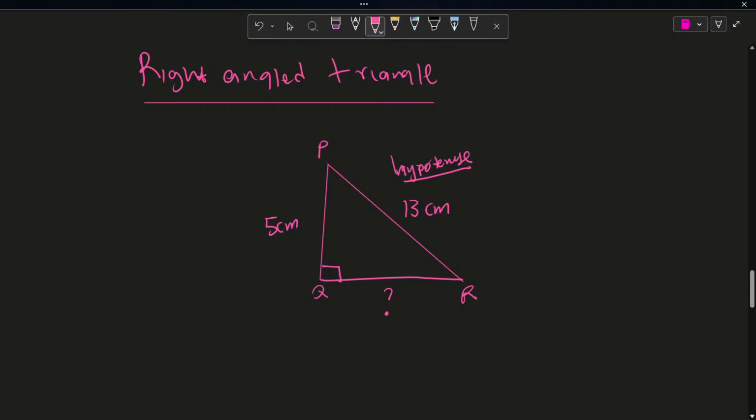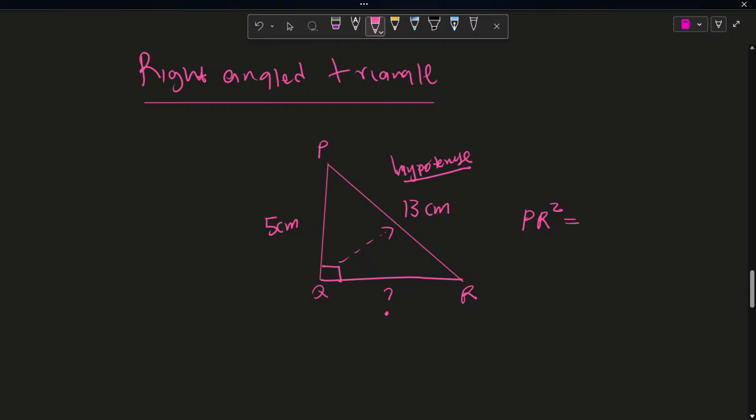So in this case, your formula, you can start at the hypotenuse. You can say PR squared, the longest side. How do you know that is the longest side? It's opposite to the 90 degrees.